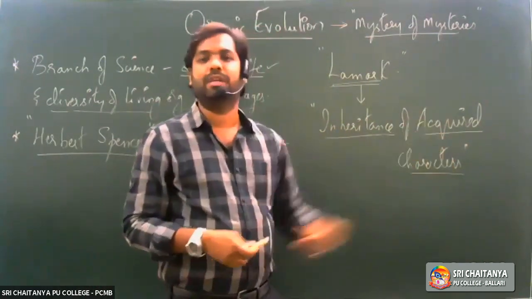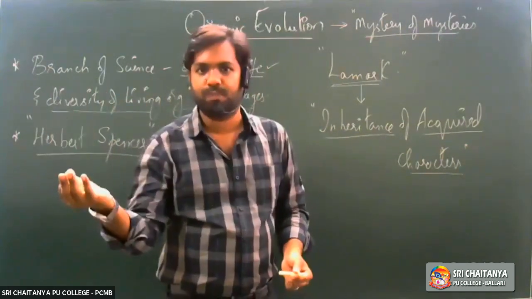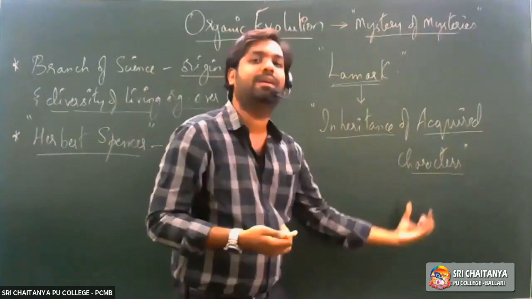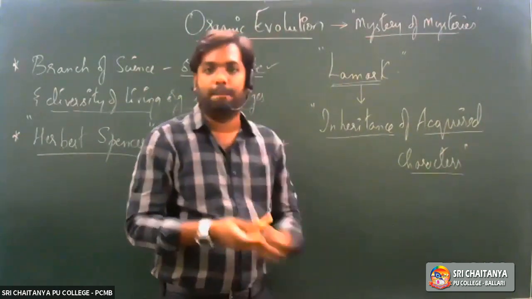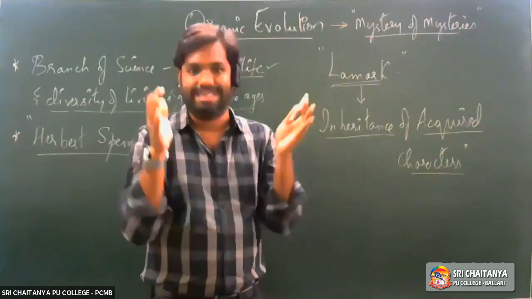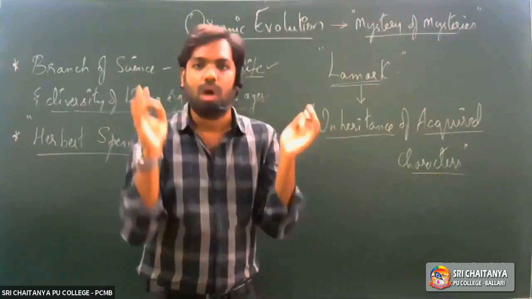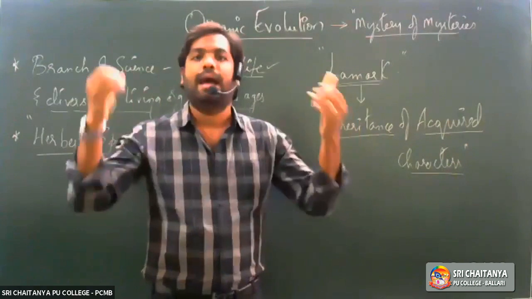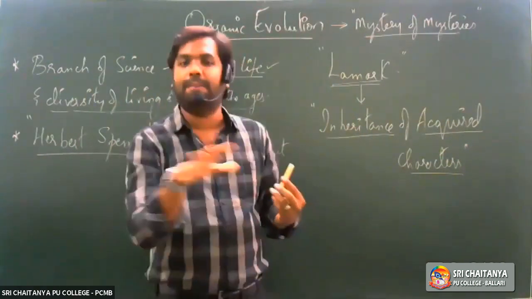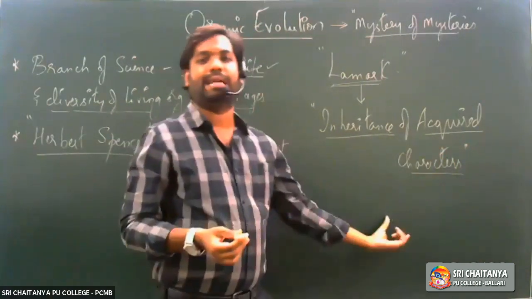For acquired characters, there is one more term we use: adaptations. Adaptations lead to acquiring a specific character. Based on the habitat where the organism is living, these organisms will start adapting themselves to the conditions of that habitat, as a result of which they will start acquiring certain characters.